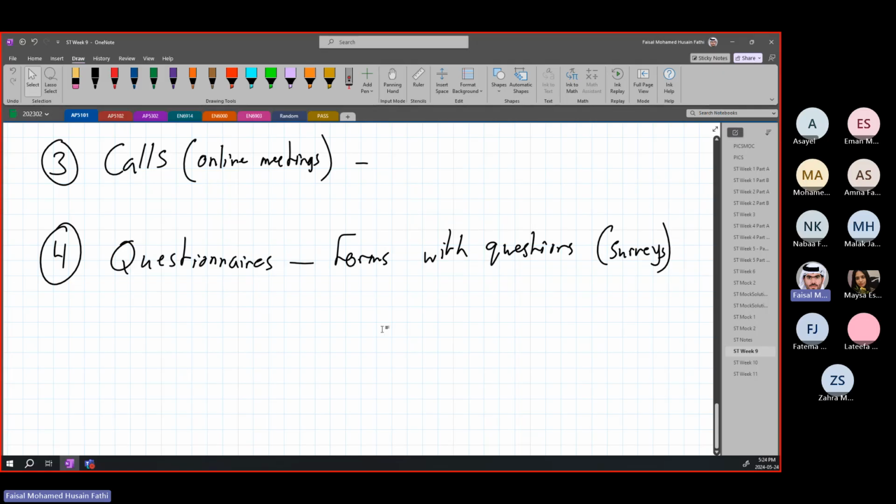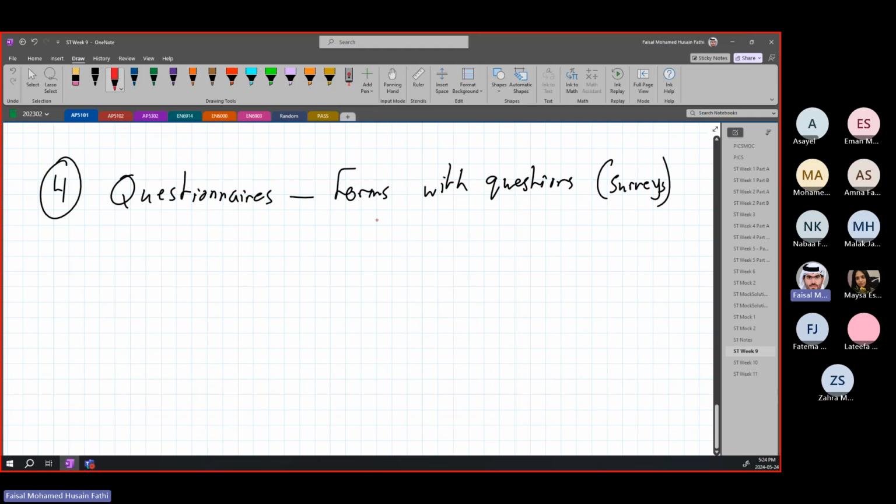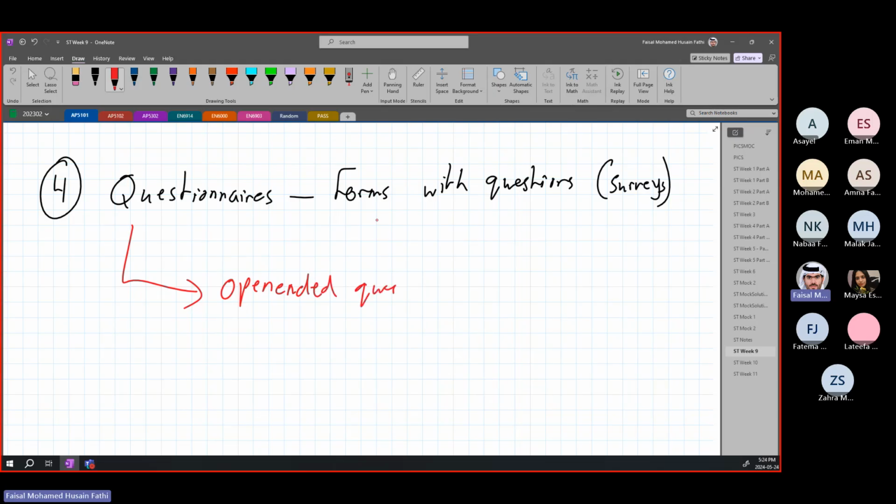Most of the time it's online, using Microsoft Forms or Google Forms, or whatever website you'd like to use. And you have specific types of questions here. There are two main types of questions. There's the open-ended question, meaning that they are free to respond with anything they want.